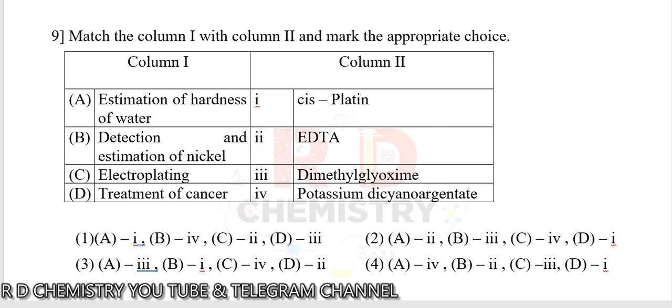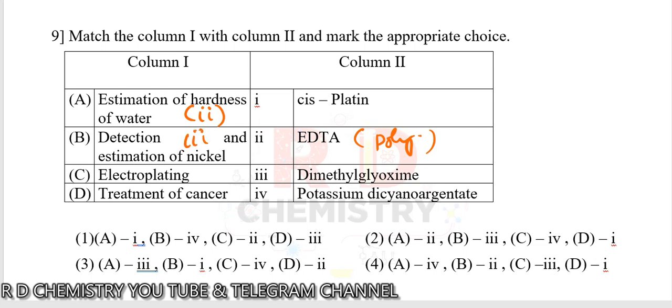Question number 9. Match the following. Estimation of hardness is done using EDTA. Remember, EDTA is also known as a hexadentate ligand. So it is a polydentate ligand. Detection and estimation of nickel is generally done using dimethyl glyoxime, DMG.